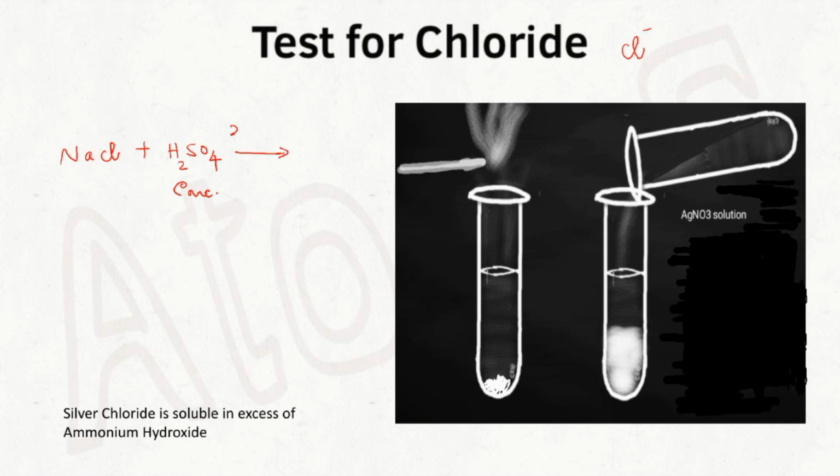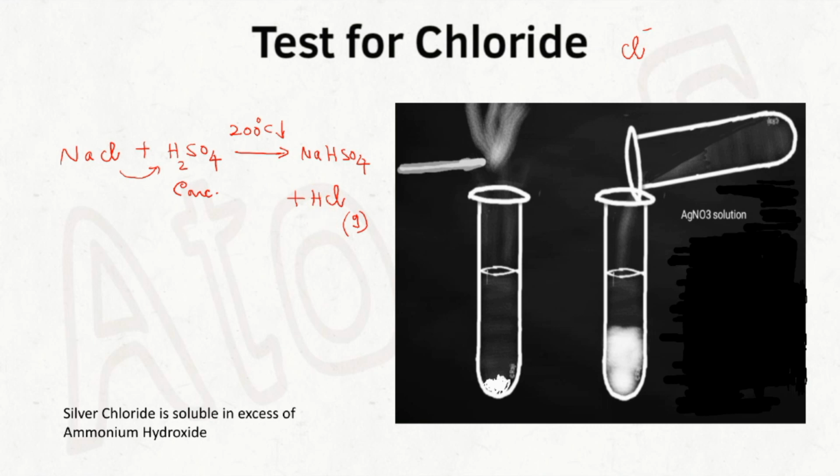We are slowly heating the test tube so that the temperature will not exceed 200 degrees Celsius. So what will be the product of the reaction? You are learning the same reaction in the hydrogen chloride chapter also. You will be getting NaHSO4. Along with that, one more gas will be evolved, which is hydrogen chloride. If the gas evolved is hydrogen chloride, how can you detect it?